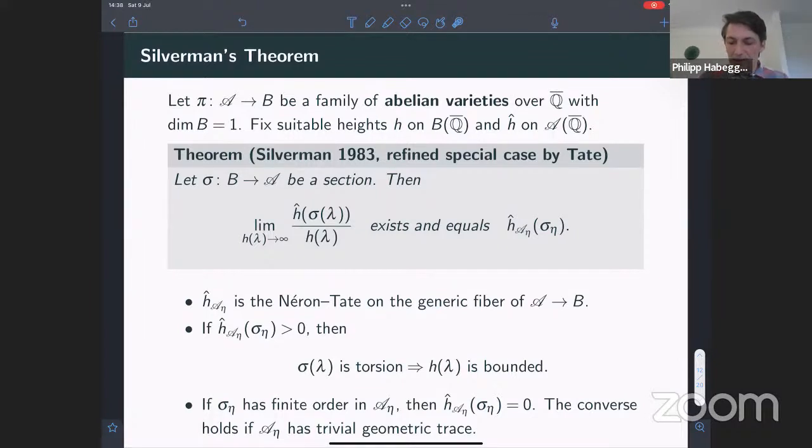So the nice feature about this theorem is that the limit has an arithmetic meaning, because we already know that the Néron-Tate height is 0 if and only if the point is torsion, for the case of elliptic curves over number fields that we've seen before. One direction of this implication holds in general, namely that if this point here coming from the section is of finite order, then the Néron-Tate height is 0.